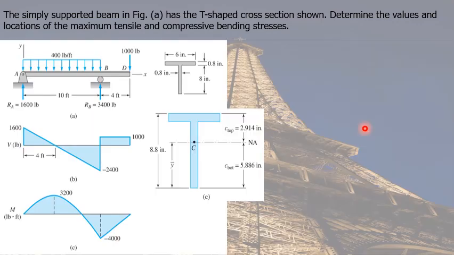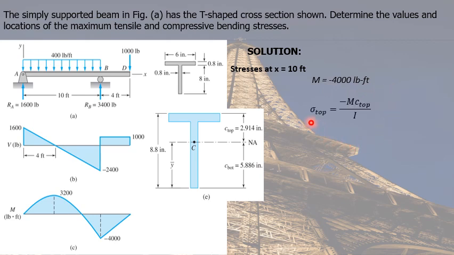We now consider the stresses at x equal to 10 feet, which is where the maximum negative bending moment occurs. Our m is then equal to negative 4,000 pound-feet.